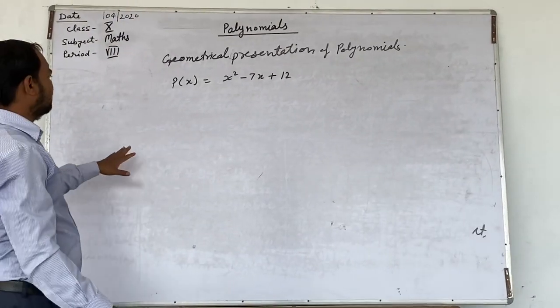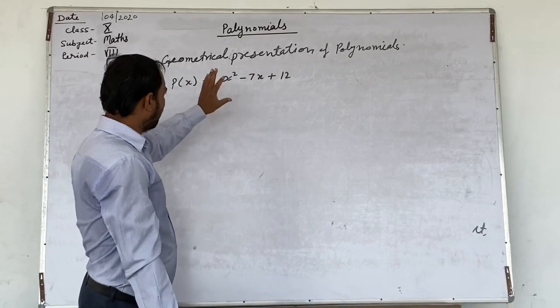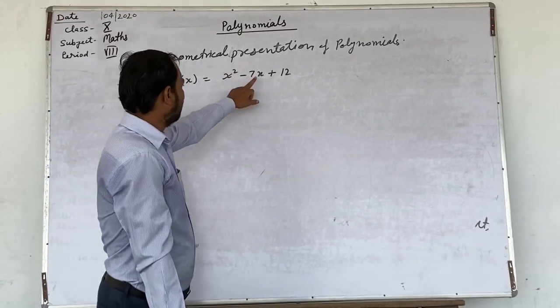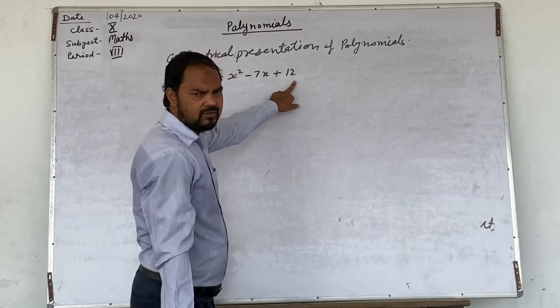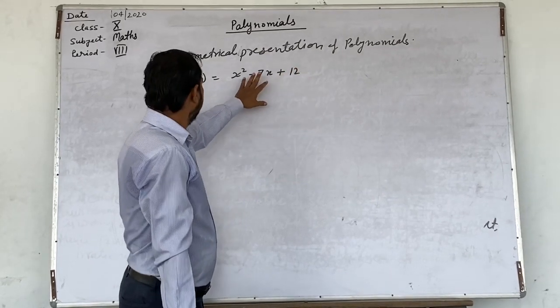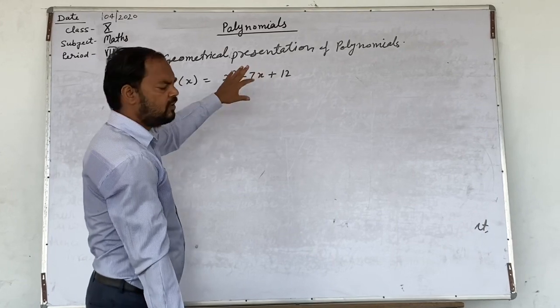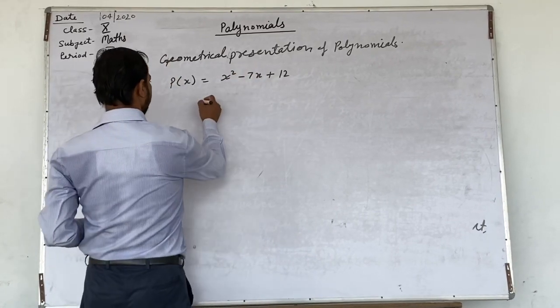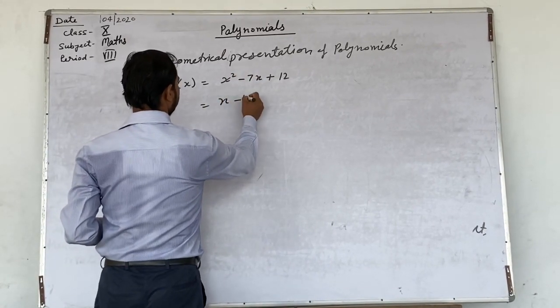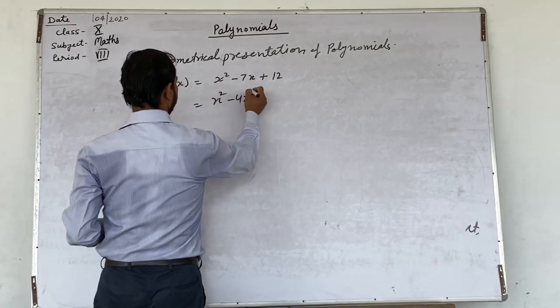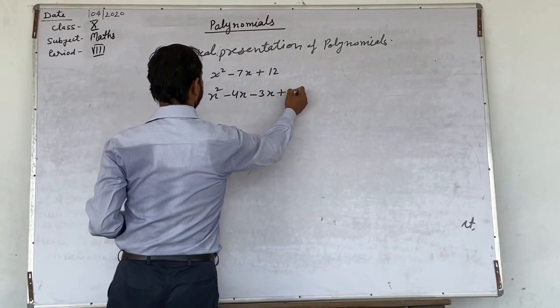Let us take another example, a quadratic polynomial x square minus 7x plus 12, and now we want to study the geometrical representation of the polynomial. If you simplify it, you get x square minus 4x minus 3x plus 12.